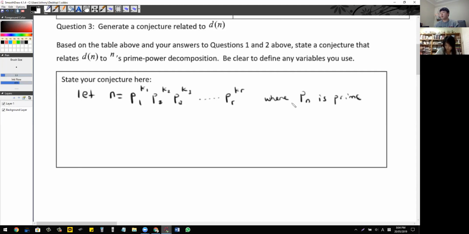So n is a number that represents all these numbers, okay? Actually, we shouldn't do n because it is n here. So we can maybe say where P1, P2, etc., all the way to PR are primes, different primes, okay?